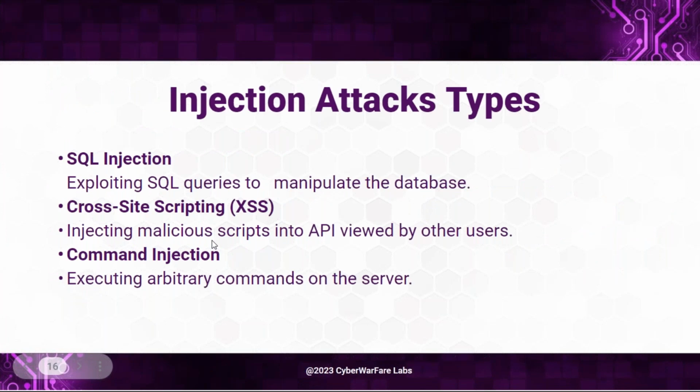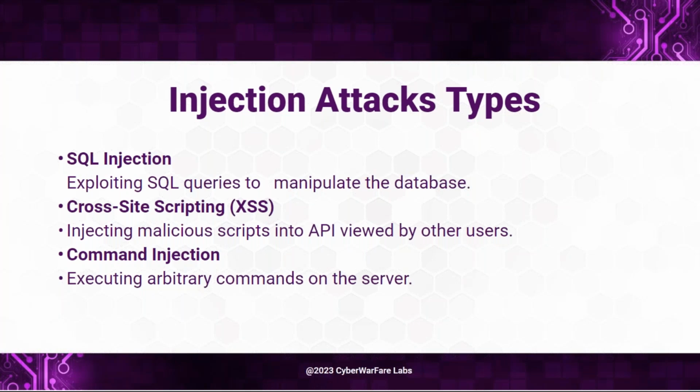First one is SQL injection. We all know what SQL injection is. This is a typical injection that is found in many SQL databases. It happens by exploiting SQL queries to manipulate the database. And then we have cross-site scripting.